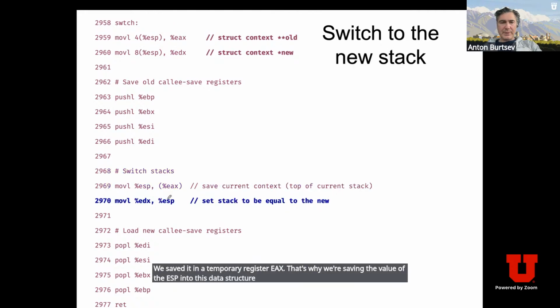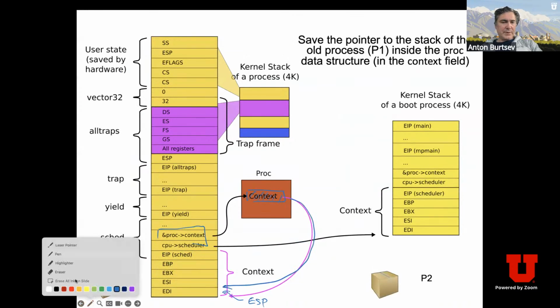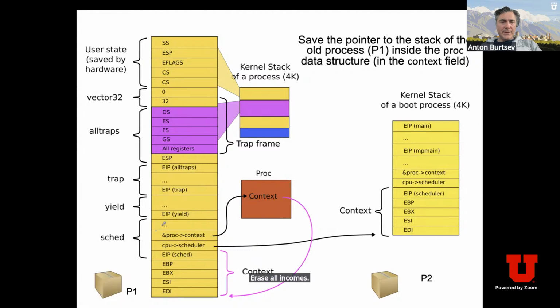So specifically, what happens here, let me show you. Look, we got this as an argument. We got a pointer to this field. And the top of the current stack is pointed by the ESP.